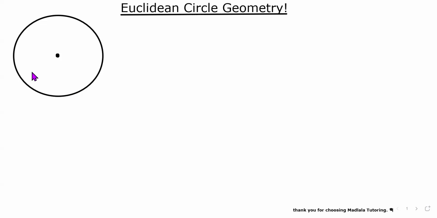So you have a center, you have a chord, and this chord can be anywhere. It doesn't necessarily have to be where you see it. As long as you draw this line from the center of a circle perpendicular to this chord, then you must know that it's going to bisect the chord.